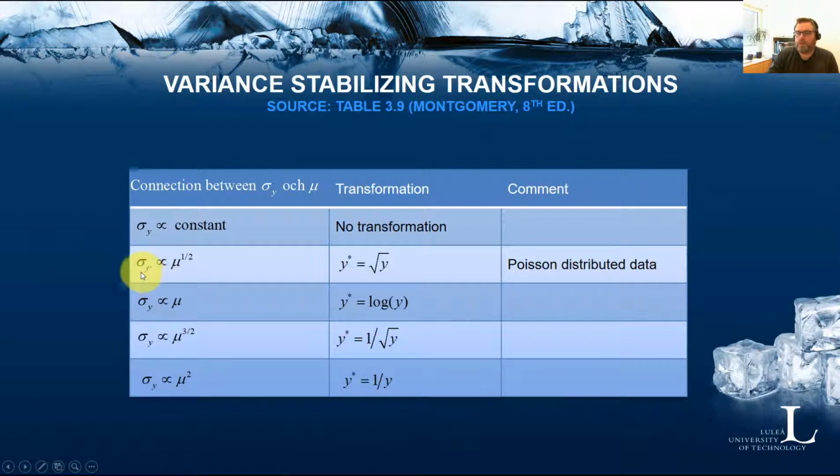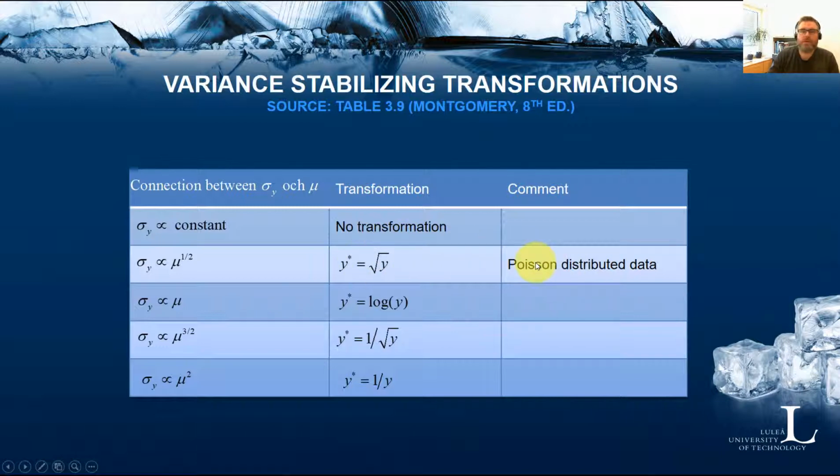If the standard deviation of y is proportional to the square root of the expected value, then the square root can be used. So the transformation is to use the square root of y instead of y.